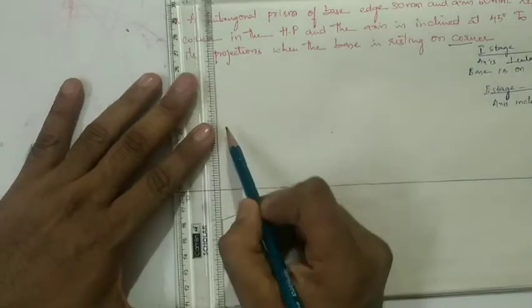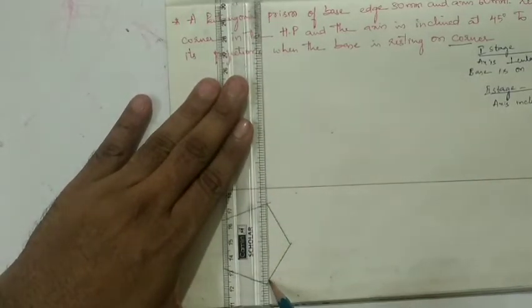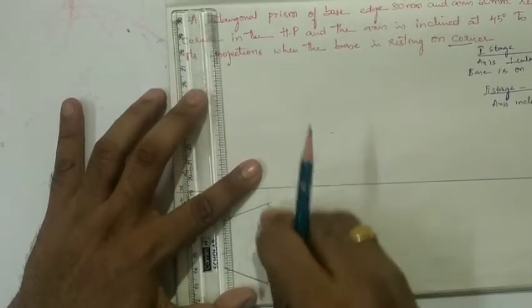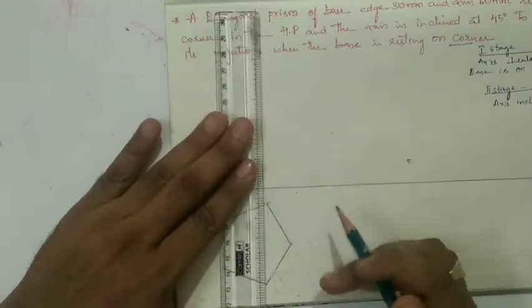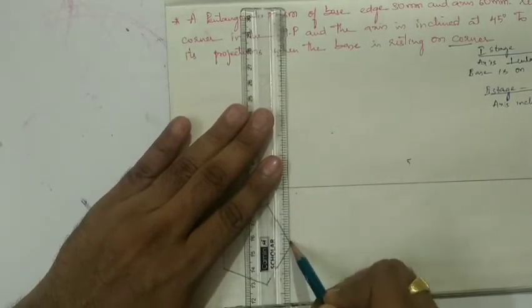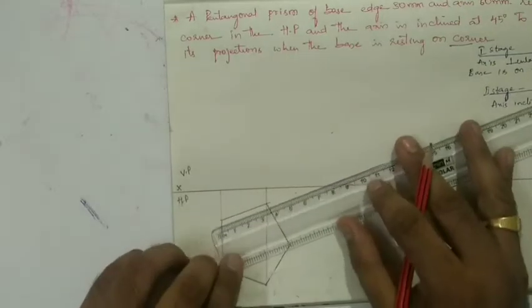Draw the vertical projections to VP. Meanwhile, also locate the center point as described in the earlier methods.